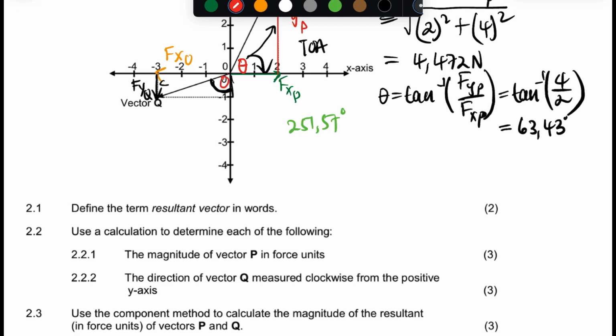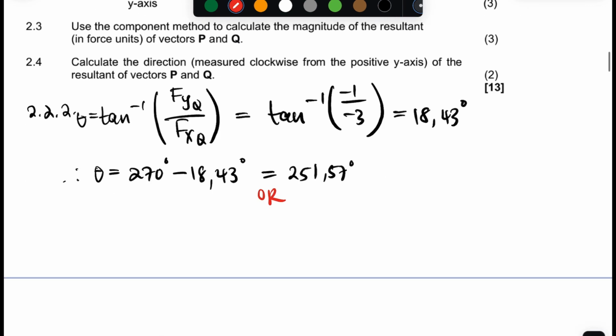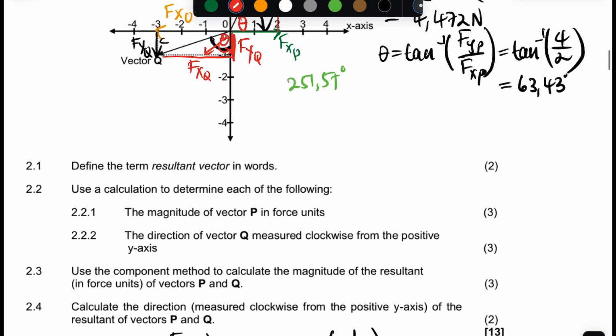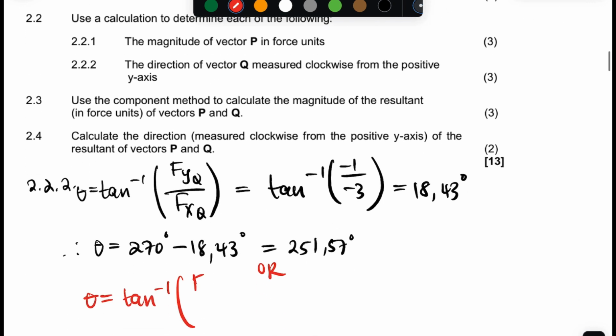This angle is going to be opposite over adjacent. So our opposite here is fxq, and adjacent is going to be fyq. So it's going to be tan theta -1, and what is our opposite now? Opposite now is fxq. fxq divided by fyq.